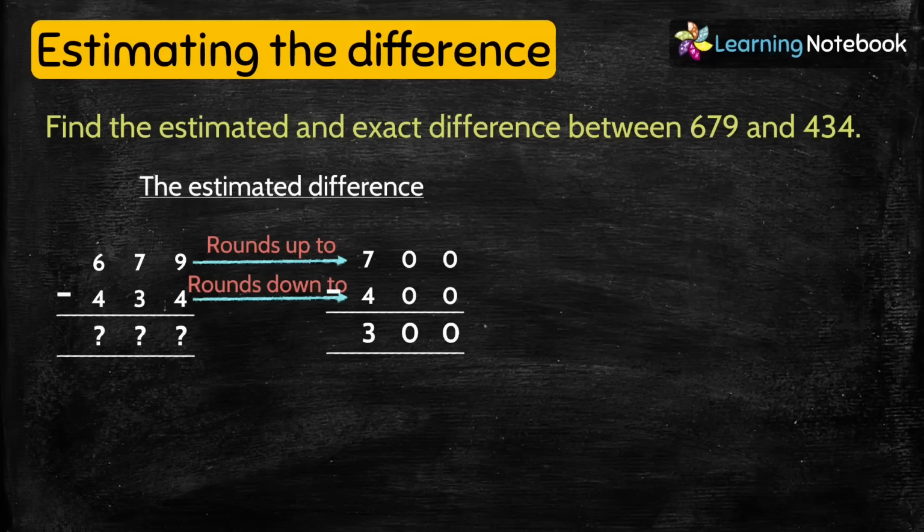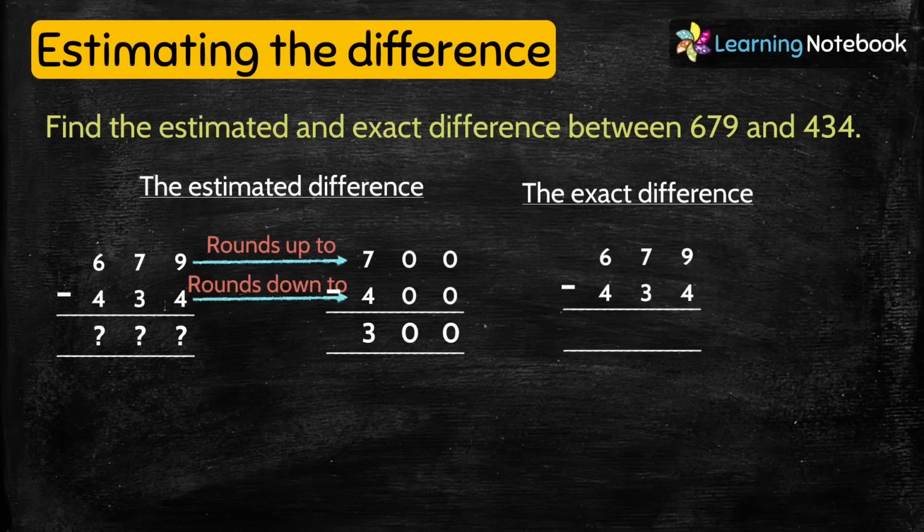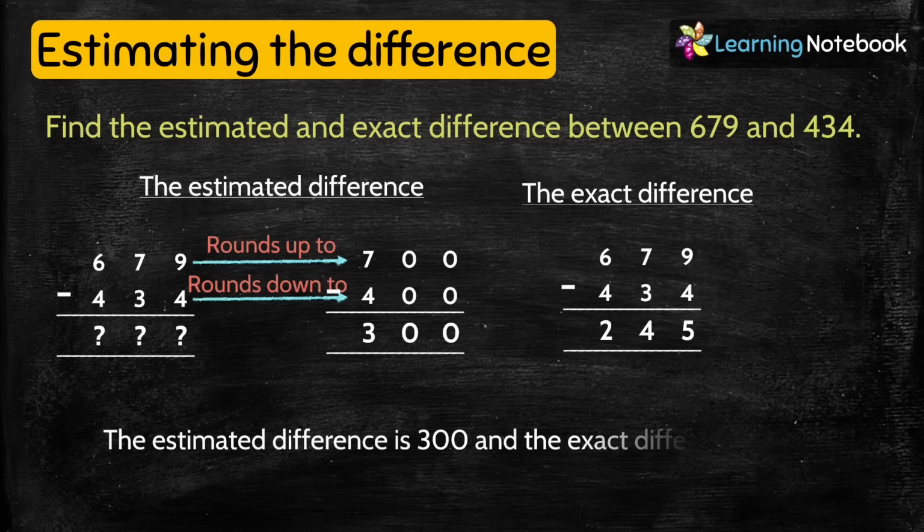Now let's find the exact difference between the given numbers. 679 minus 434. 9 minus 4 equals 5. 7 minus 3 equals 4. And 6 minus 4 equals 2. So students, estimated difference is 300 and exact difference is 245. So this is how we estimate the difference.